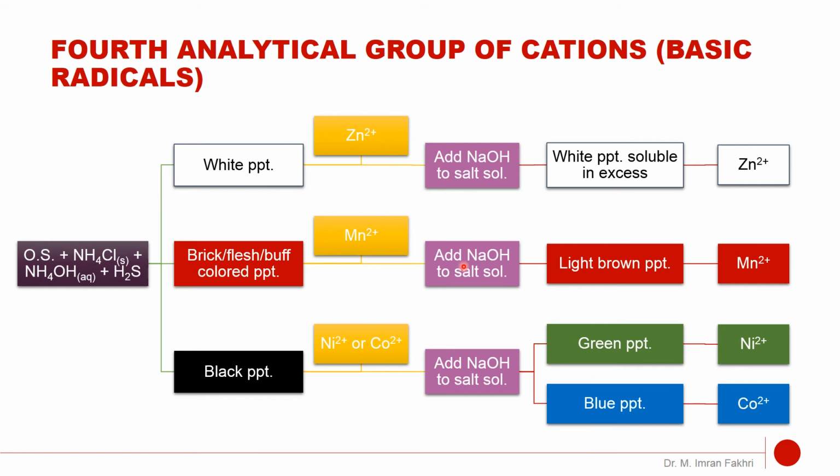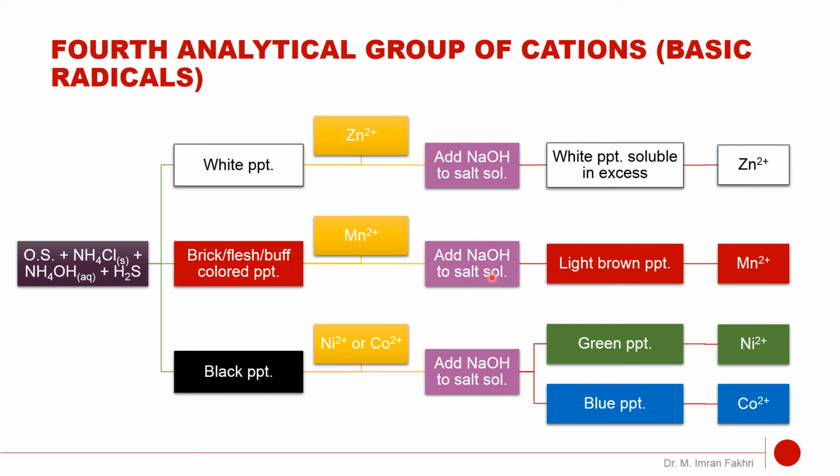And in the next step for these fourth group cations, we have to add sodium hydroxide to the salt solution. Remember, when we add sodium hydroxide to the salt solution, if white precipitates are obtained, this means that zinc 2+ ion is present, and these white precipitates redissolve with the excess addition of sodium hydroxide.